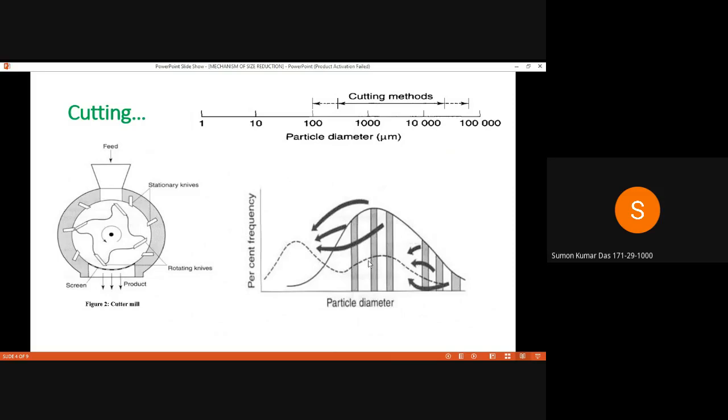After applying pressure or passing time, the particle size generally reduces through the cutting method, and the frequency represents this. At the initial stage the frequency is high, and finally the frequency reduces, and the particle size also reduces.